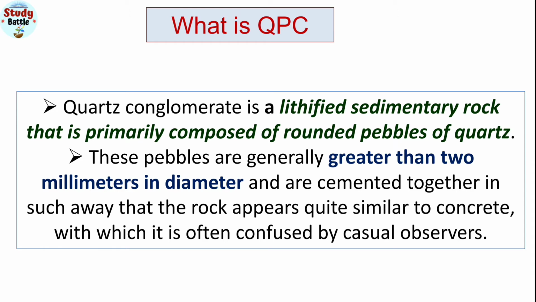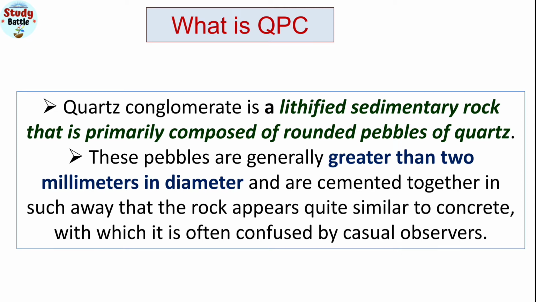If we talk about the grain size of QPC, the grains are generally greater than 2 mm in diameter and are cemented together in such a way that the rock formation appears quite similar to concrete. Sometimes this rock formed as a QPC is similar to concrete, with which it is often confused by casual observers.